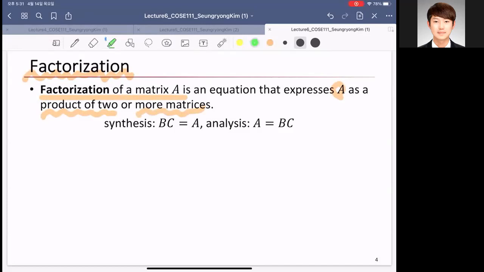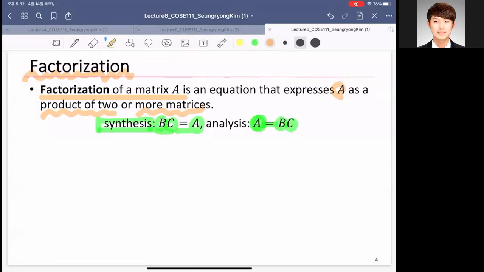In the previous lecture, we discussed how to compute matrix multiplication B times C, which gives a new matrix A. This kind of statement is also called synthesis, but factorization is defined the other way: we want to decompose matrix A into the product of two or more matrices, for example, B times C.